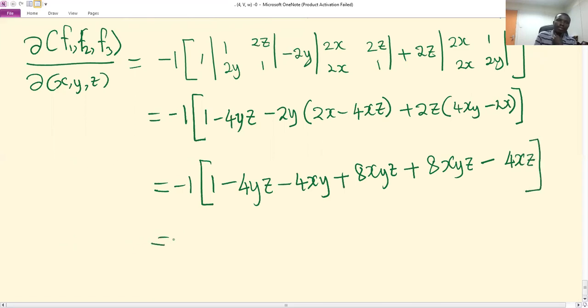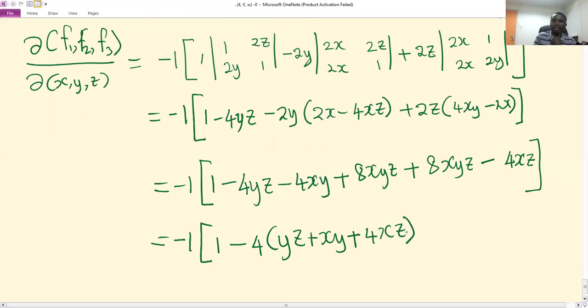Now, you see this will be -1 into 1. So I can say minus 4 into yz plus xy plus 4xz. So when I factor out negative, these signs will be plus, and then plus, this will be 16xyz.